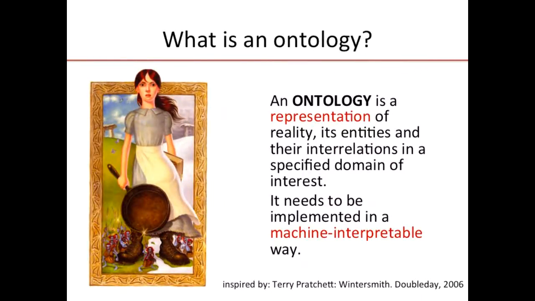For example, diseases, or cures for cancer, administration of your hospital or an informed consent process. In representing reality, it represents the entities and their interrelations in a specified domain of interest.